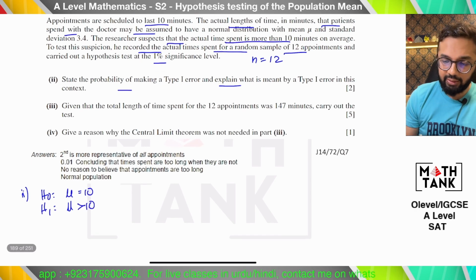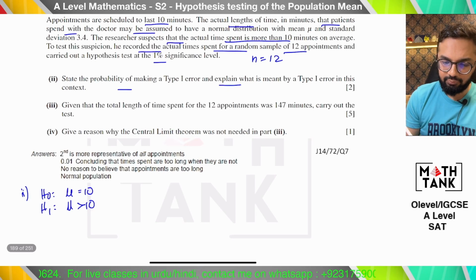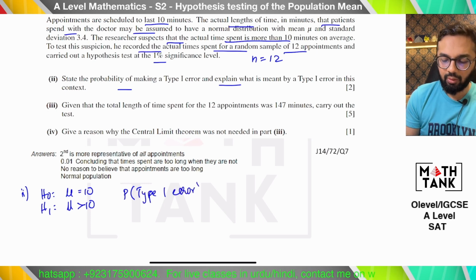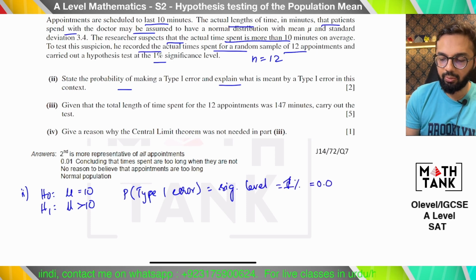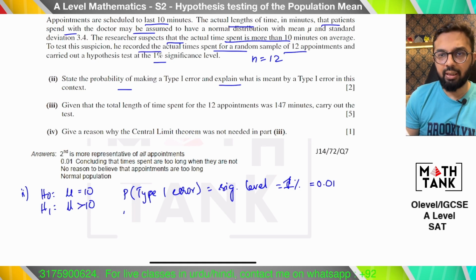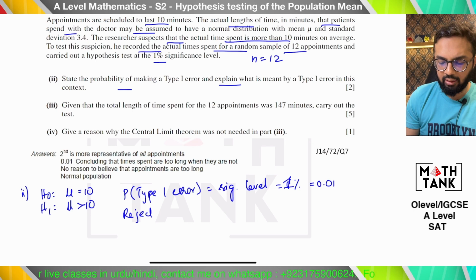Okay, so in this case, the probability of a type 1 error is basically the significance level, which is 1%. So the probability is 0.01. You make a type 1 error when you reject H naught when H naught is true.